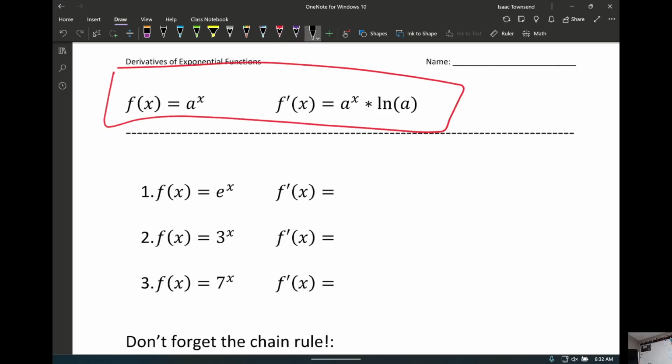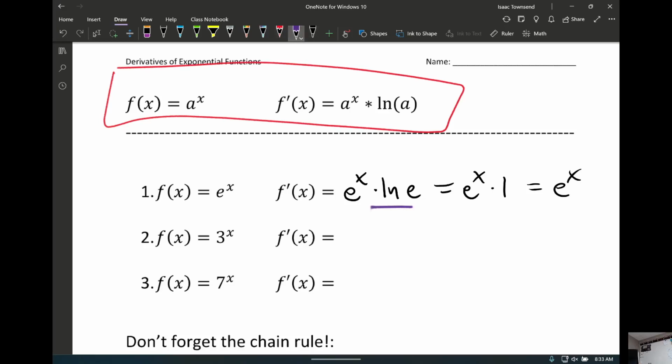So for probably the 100th time this year, the derivative of e to the x is going to be e to the x. But the part I didn't tell you is that it's technically also times the natural log of the base, which is e. But what is the natural log of e? 1. And because multiplying by 1 doesn't change anything, that's why we haven't been talking about that.